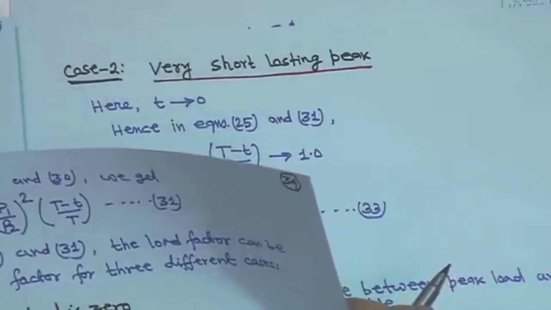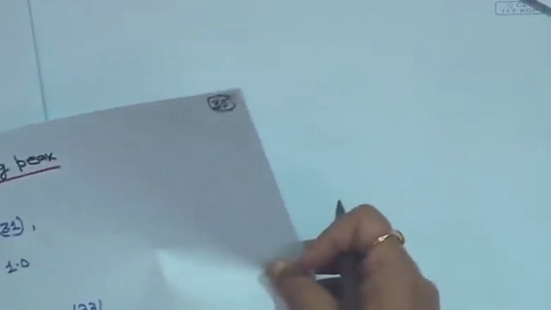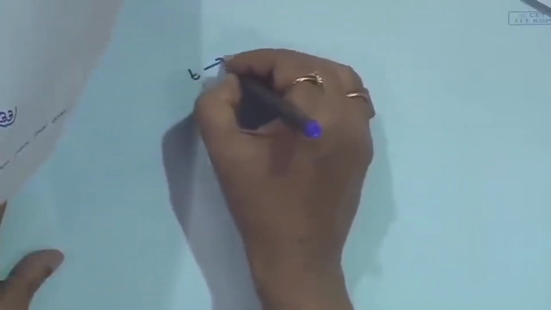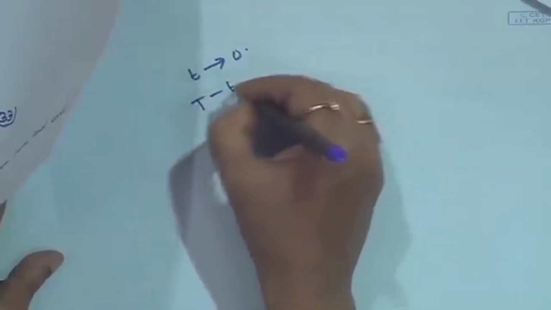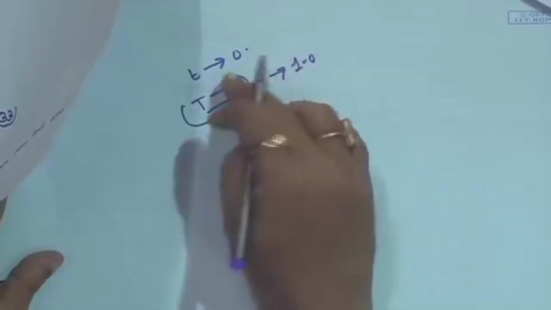In the load factor equation, just hold on, I will make it here such that things will be easier for you. First you consider equation 25, and the condition is case 2, that very short lasting peak, that means t tends to 0. That means (T minus t) by capital T tends to 1.0, because t tends to 0.